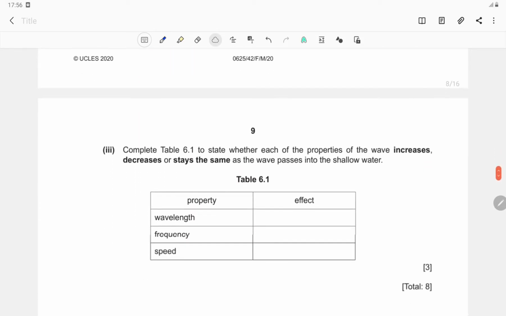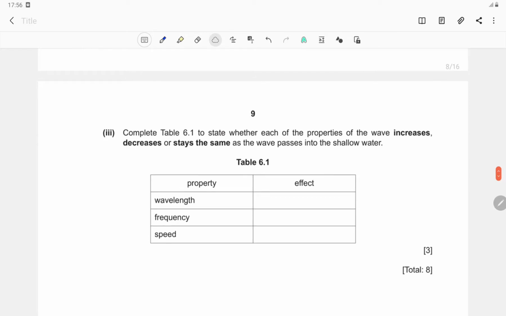Last part of the question. Complete table 6.1 to state whether each of the properties of the wave increases, decreases, or stays the same as the wave passes into the shallow water. So as we have already seen, the wave is traveling from deep water to shallow water. So what will happen to its wavelength, frequency and speed?